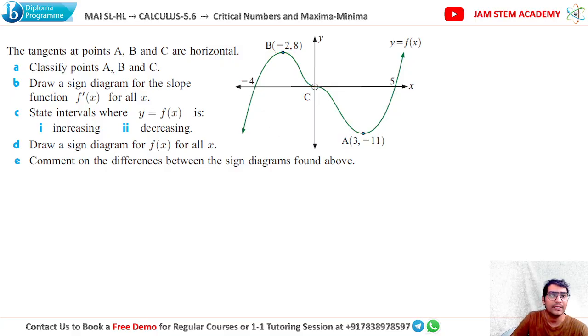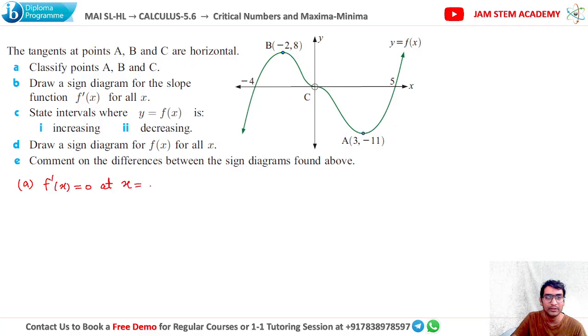Now, first it says classify the points A, B, and C. So what can you say about points A, B, and C? Here at A, B, and C, the slope of the tangent line is 0. F prime of x equals 0 at these points.